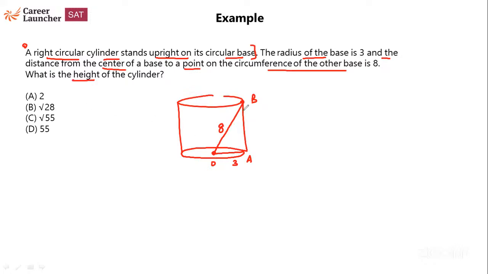What is the height? AB, that is the height. If you can visualize, there is a right triangle OAB. That's a right angle triangle.